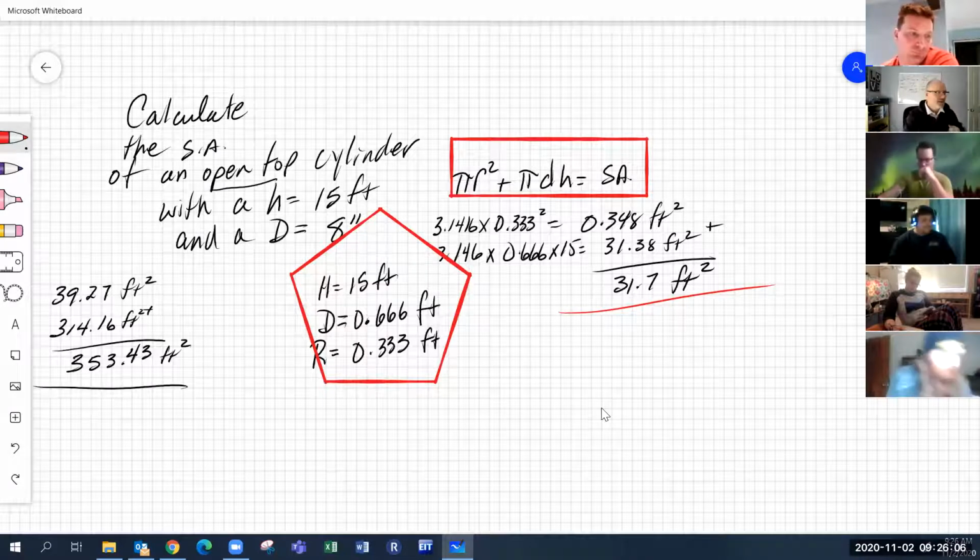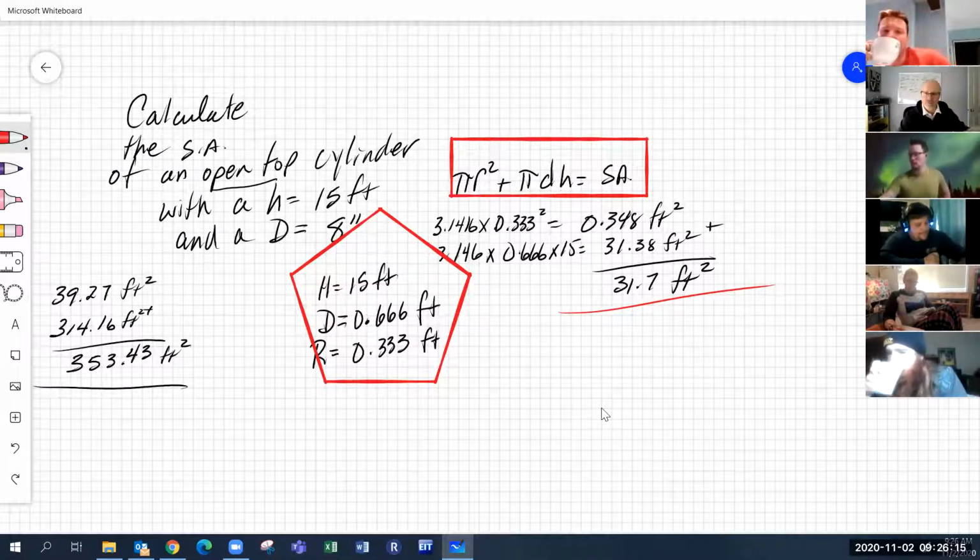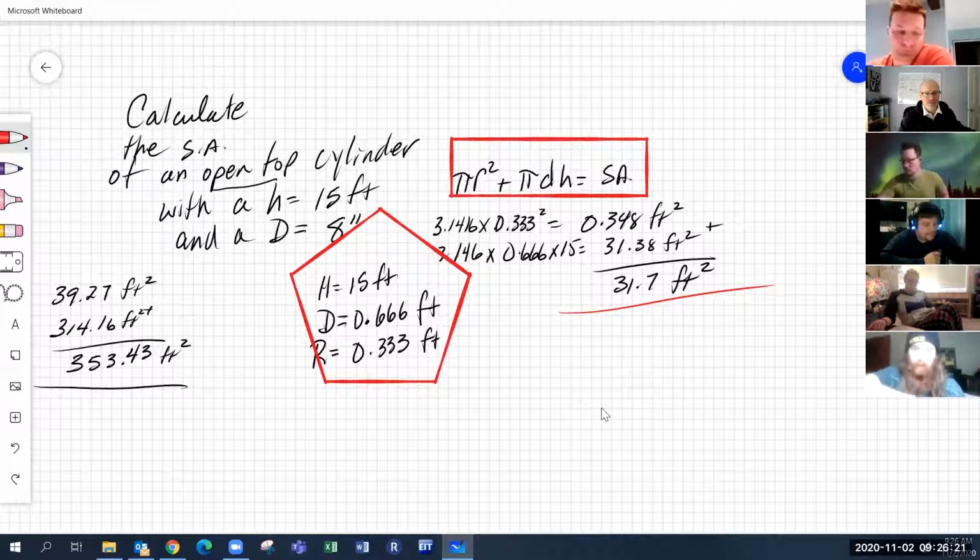That's just the way I do it. I would like you to do it. I'm not forcing you, but this is a way that I know works. It makes you successful. If you write out your variables, write out your formula, insert everything in.